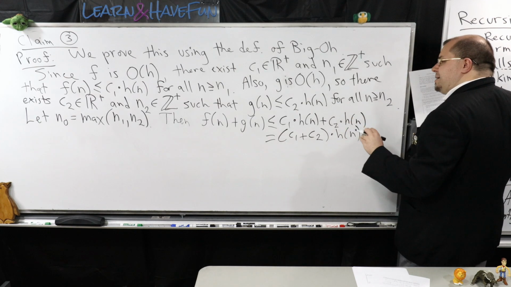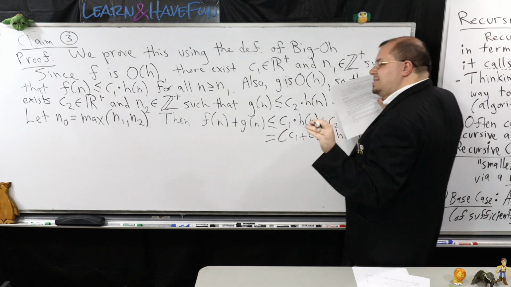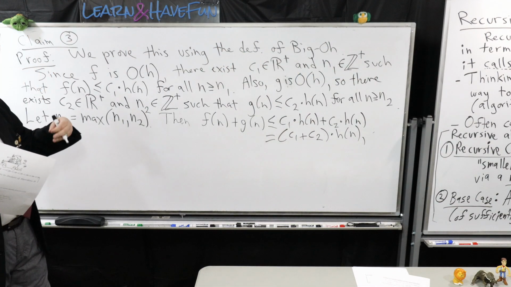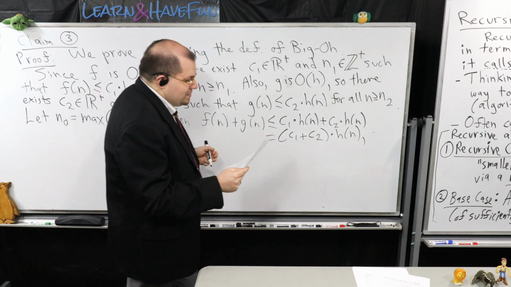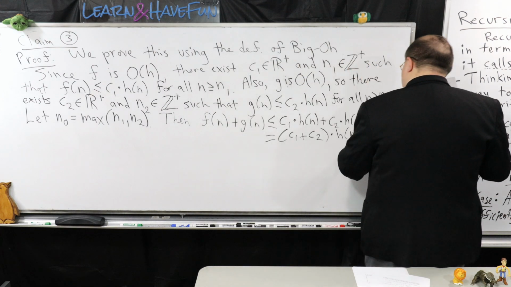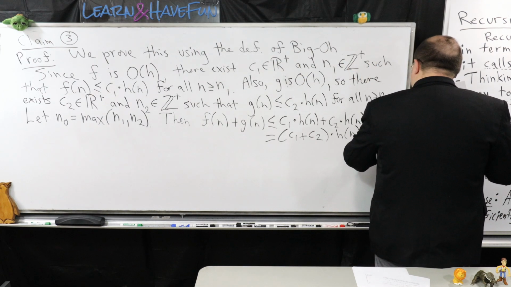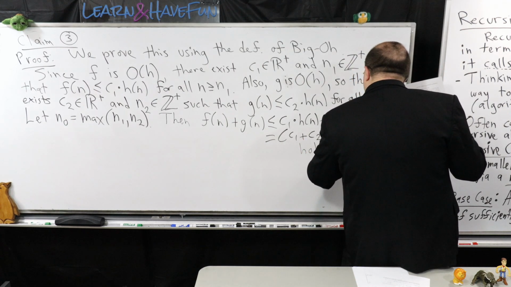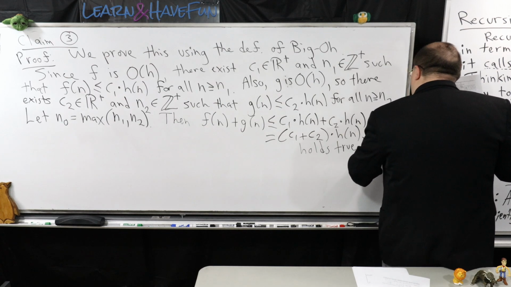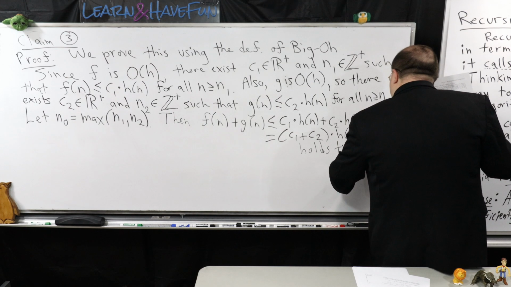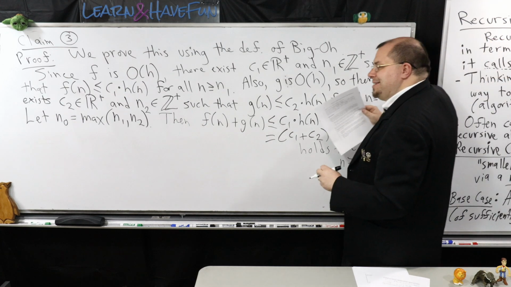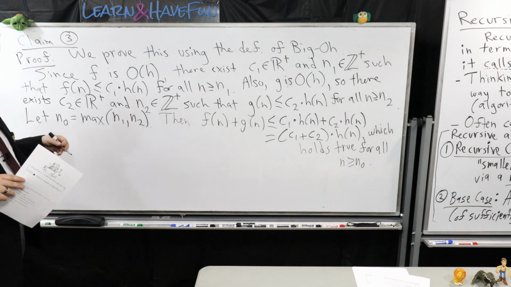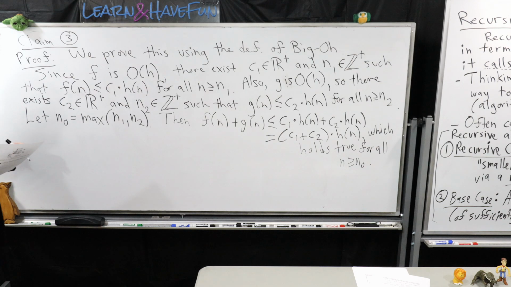But here's the thing. Because of the way I picked n0, I know that this will have to hold for all n greater or equal to n0, which holds true for all n greater or equal to n0, right? So, question, what should c be? Any ideas what I should pick c to be?